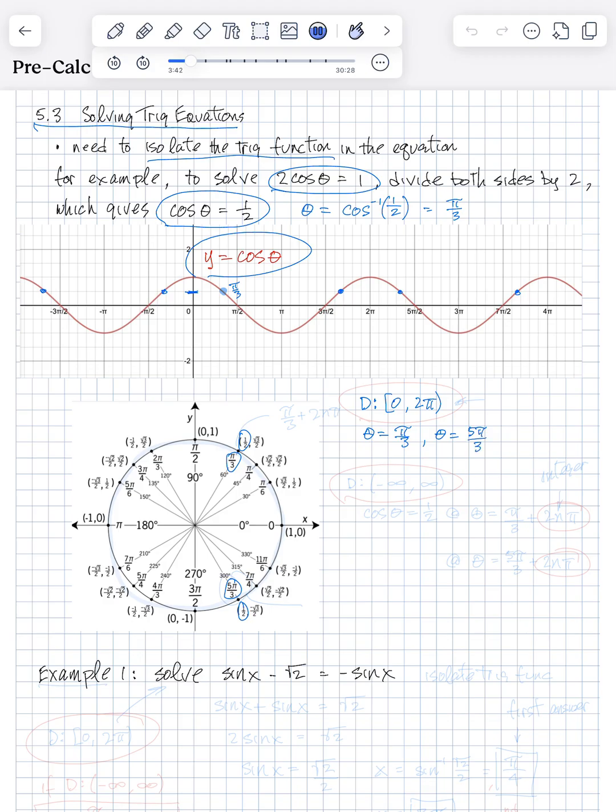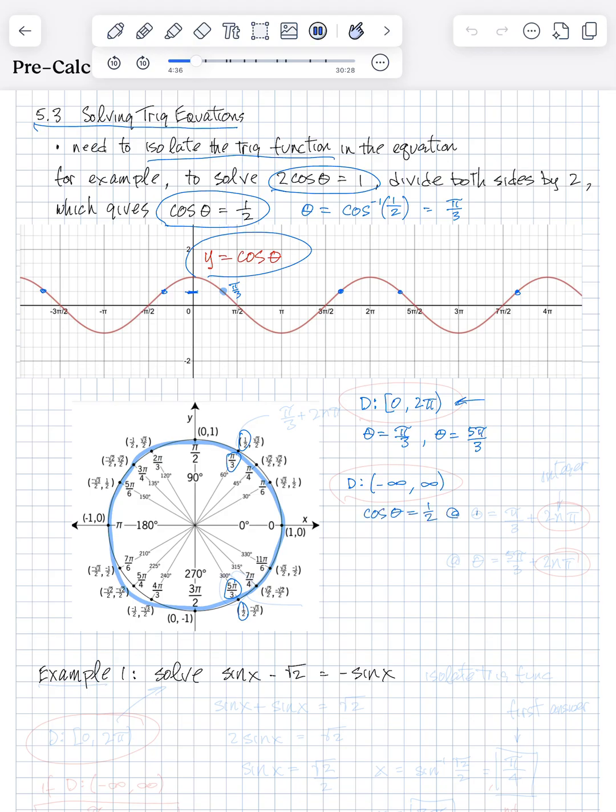So this is what happens when we restrict the domain to just 0 to 2 pi. Well, what if we didn't restrict the domain? Well, let's take the first answer. Let's say we have theta equals pi over 3. If we were to go around the circle once, to complete a circle, it's going to be pi over 3, and the whole circle is 2 pi. So we have our domain, if we're looking at a domain that goes from negative infinity to positive infinity, cosine theta equals 1/2.